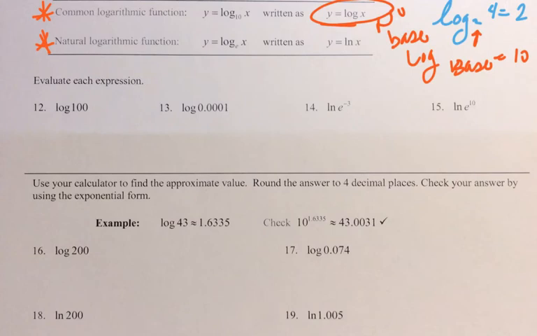Okay? The natural logarithmic function ties back to that number e we discussed before. So anytime we have log base e, we actually call that the natural log. And the natural log, we would write y equals ln of x, which stands for the natural log of x, which has a base of e.